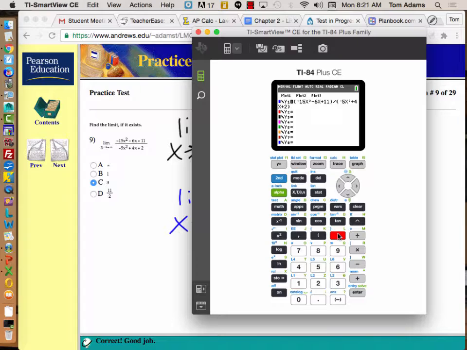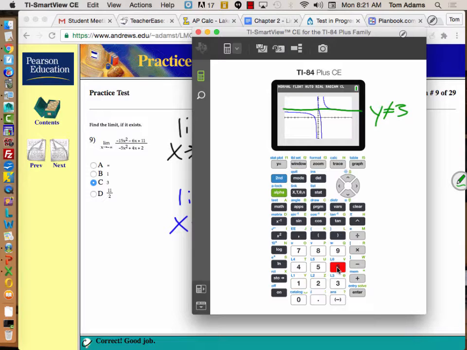So let's graph this bad boy. Graph, zoom, standard fit. Well, it can equal 3 in the middle, right?